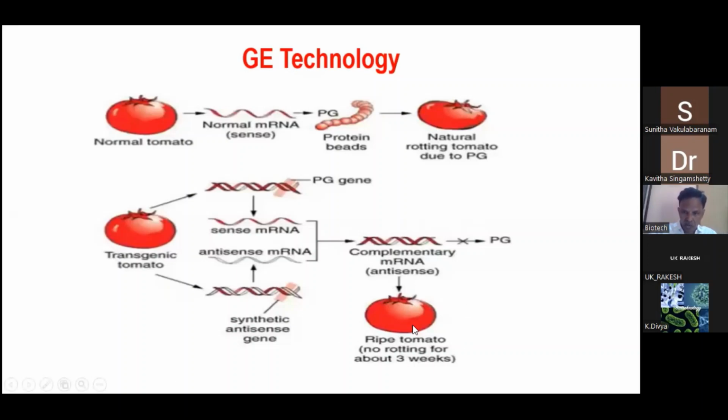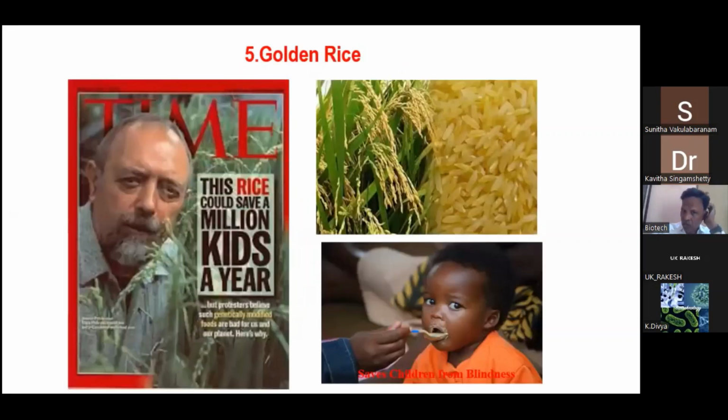But after this technology in Flavr Savr tomato was worked out, they could store it for 3 weeks outside a refrigerator on the table. All this is because of antisense RNA technology, which is being used for Flavr Savr tomato, for a long shelf life of tomato, right? This is the fourth one.